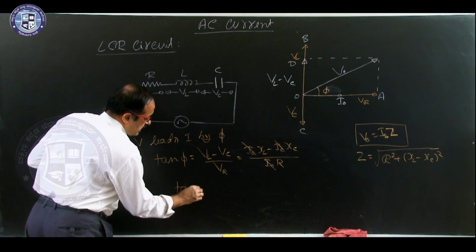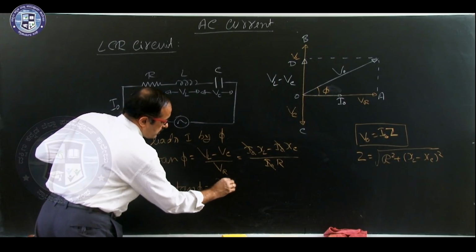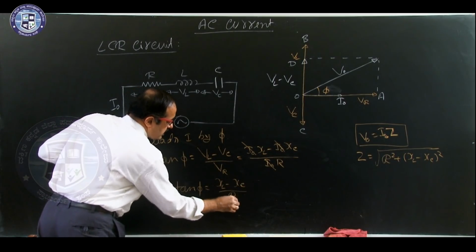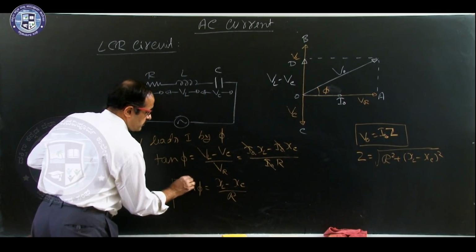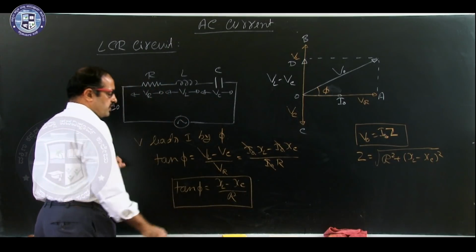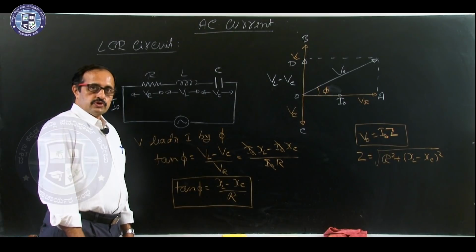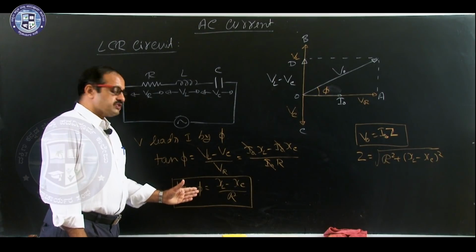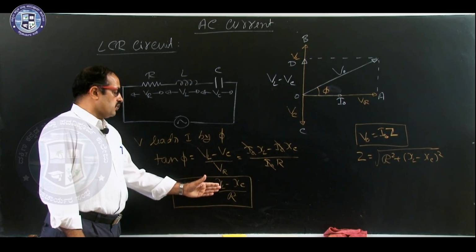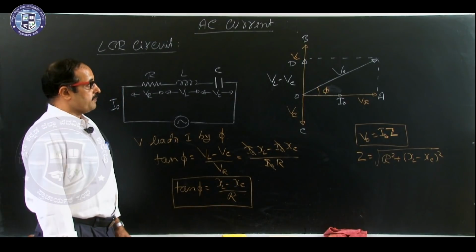So, tan phi is equal to XL minus XC by R. This is the formula for phase difference between current and voltage. If you simplify this one, we get phi. Phi is equal to tan inverse of XL minus XC by R.